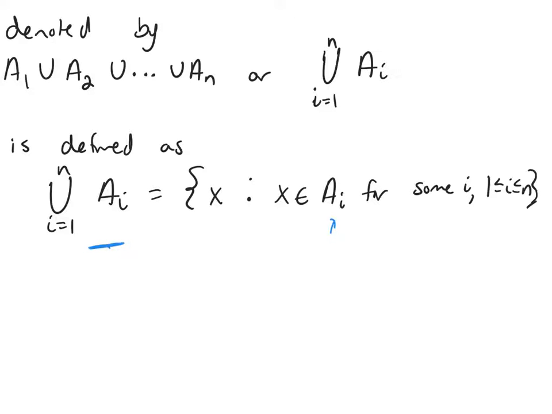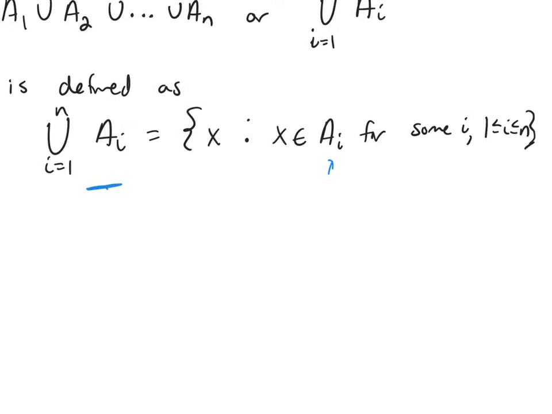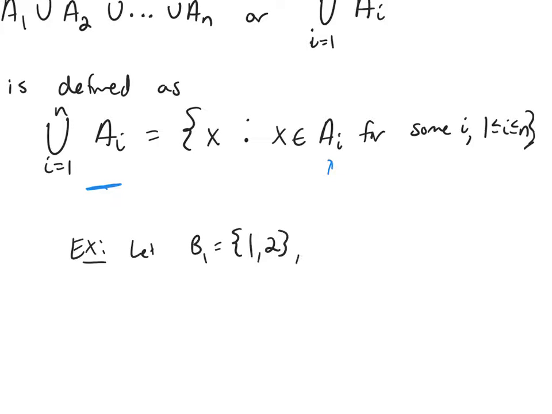So let's look at an example with unions here. Let's say B1 is going to be the set {1, 2}. B2 is going to be the set {2, 3}. B3 will be the set {3, 4}.